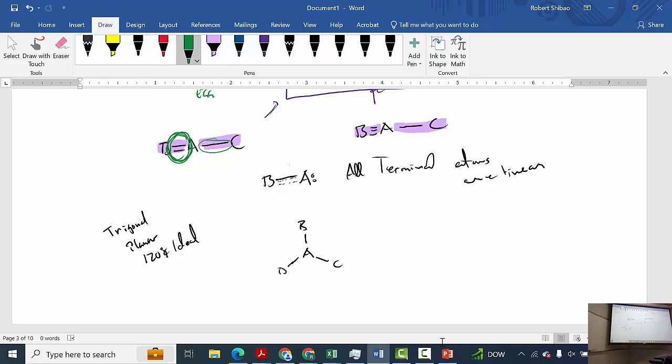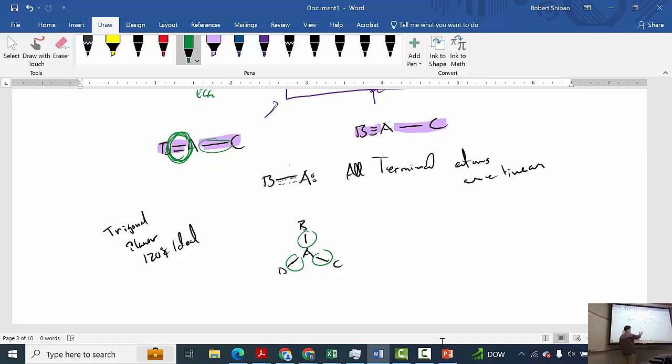Even if the atoms are different, let's say B and C, there's a difference in the size. Well, we're not really concerned with that. We're more concerned with the bonding pair. And so even with slight differences in the size of the atoms, the angle should be about the same, 120 degrees.